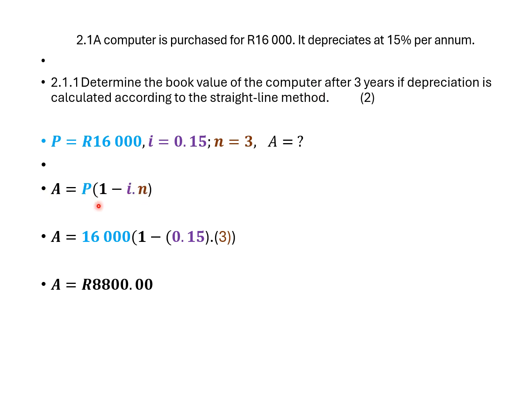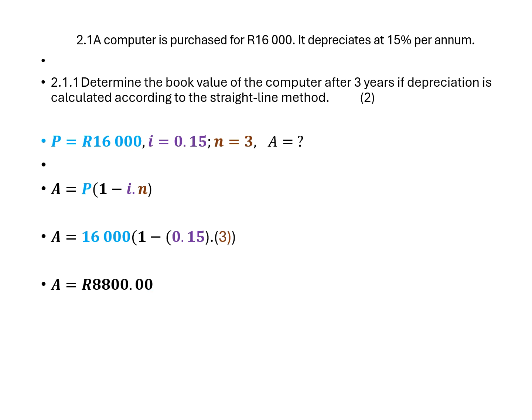Very important, choose the proper formula. P is 16,000, i is 0.15, and n equals 3. If we punch that all in a calculator, after 3 years my computer is 8,800 Rand. So it depreciated to 8,800.